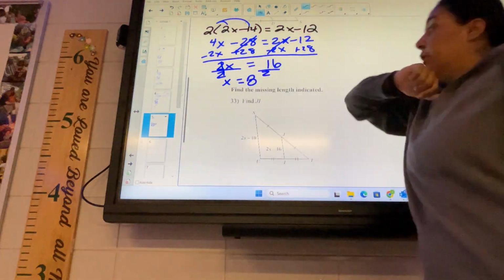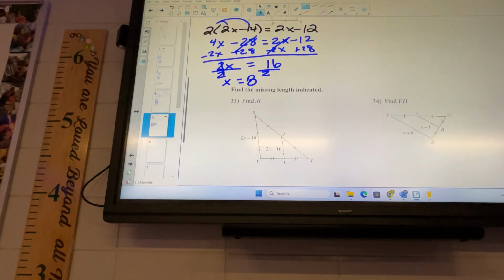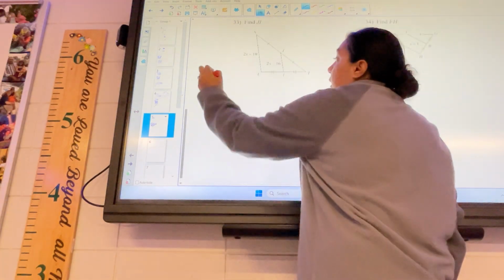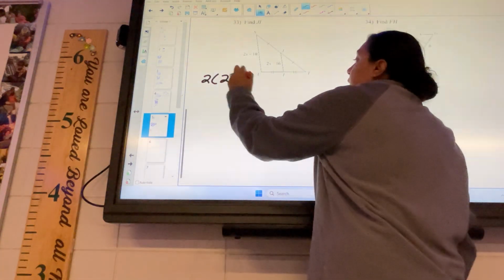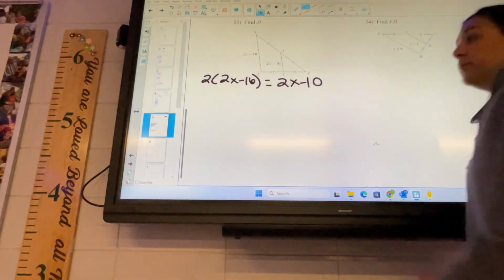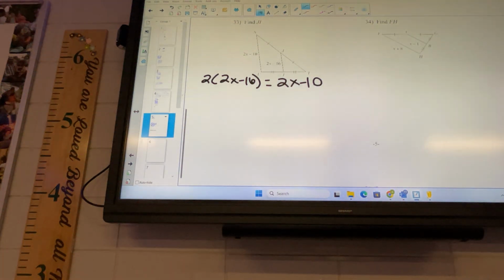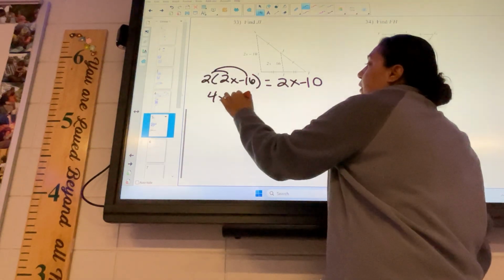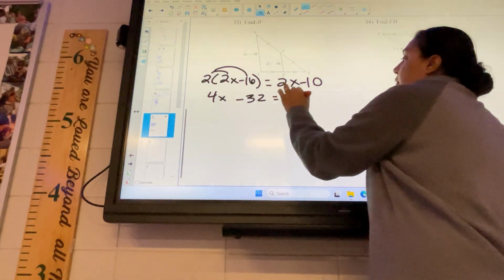Okay, last one, 33. We're going to say 2 times the small equals the big. Which one's my small one? 2x minus 16. So 2 times my small, 2x minus 16 equals my big, so 2x minus 10. Okay, so I'm going to get 4x and then a 32. Is that 32?